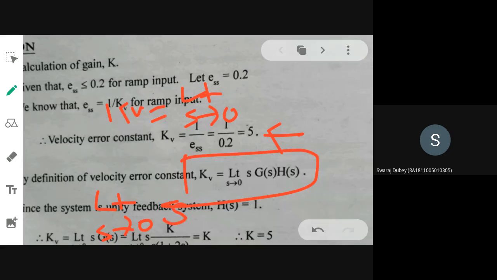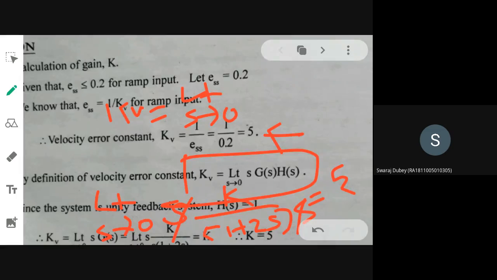So the limit of S into K divided by S into (1 plus 2S), the S gets cancelled, and you substitute the limit. This is equivalent to the 5 that you have just determined.